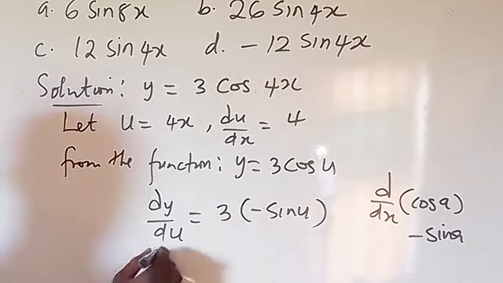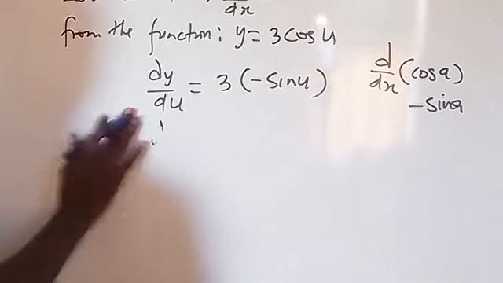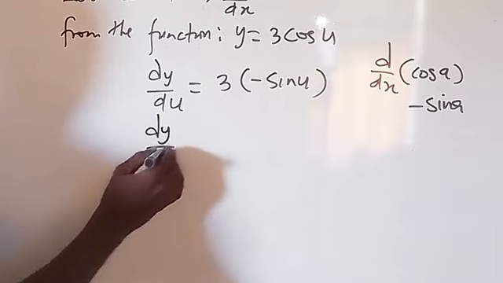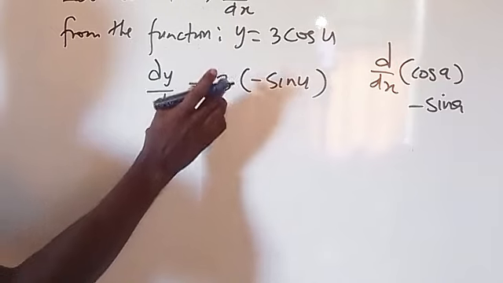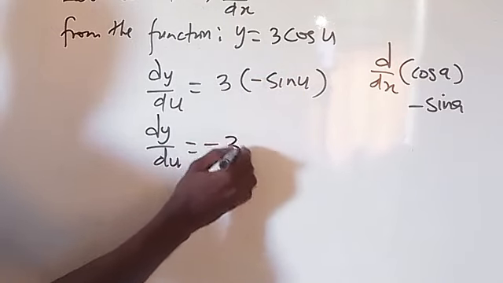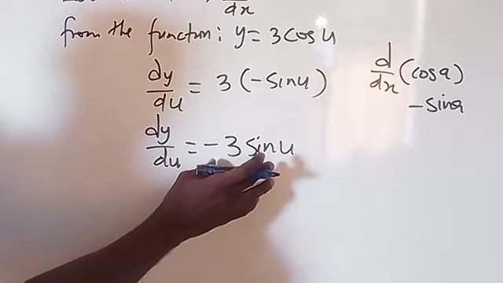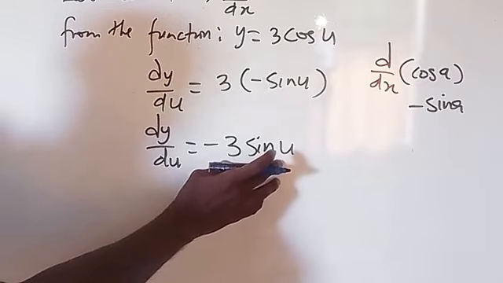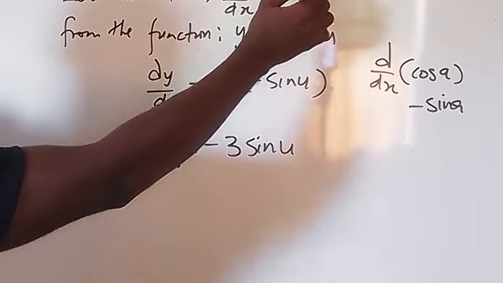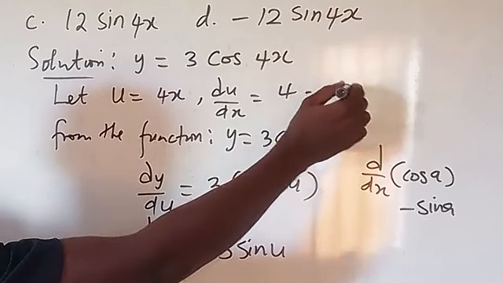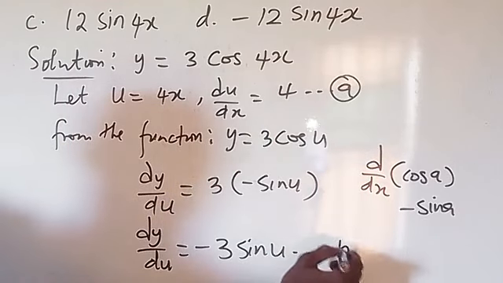So now dy du is going to be, you multiply this by this, minus 3 sine u. Understood? Now we have du dx, this one, and this one here.